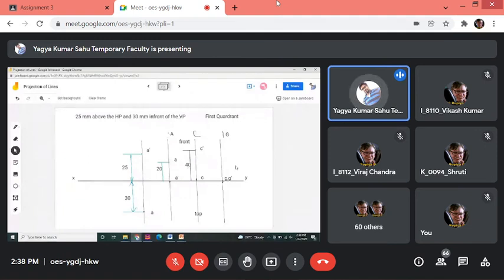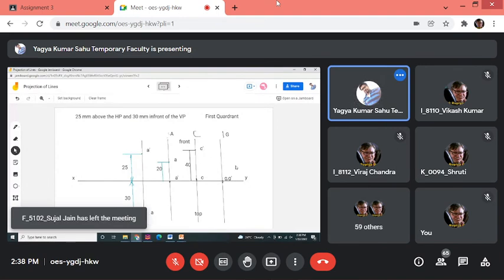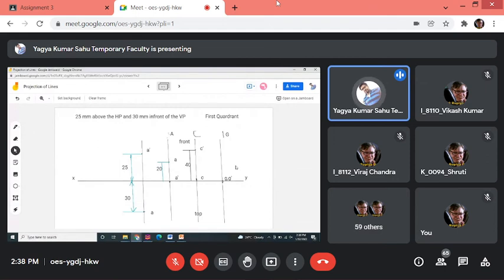Suppose any point is above HP, you will get the front view above the XY line. Is it clear to all of you? Any point below the horizontal plane, you will get the front view below XY.